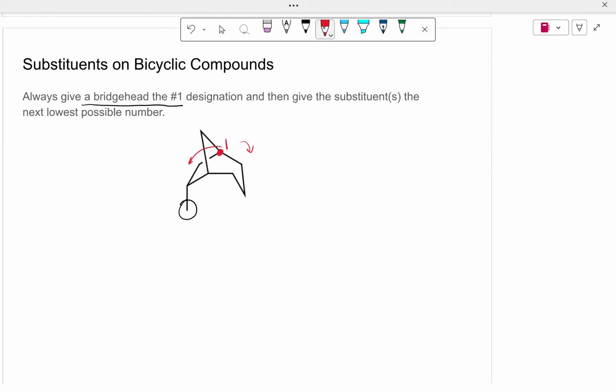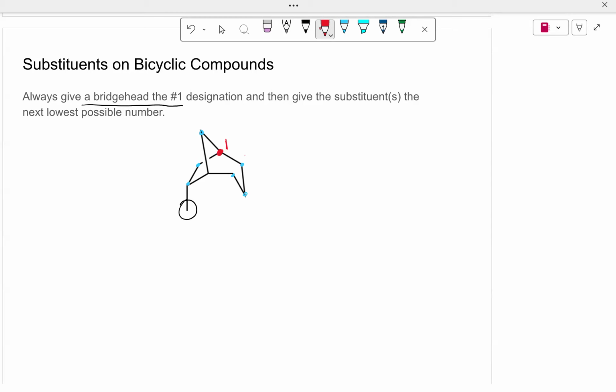Or that way with my numbering. The proper way is to go towards the pathway that has more carbons in it. So notice this pathway here has 1, 2, 3 carbons in it. This pathway has 1, and this pathway has 2. So the convention, again, don't get mad at me, I didn't make the rules. The old guys at the IUPAC convention, this is the way they said it should be done.